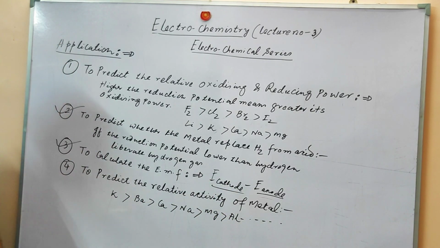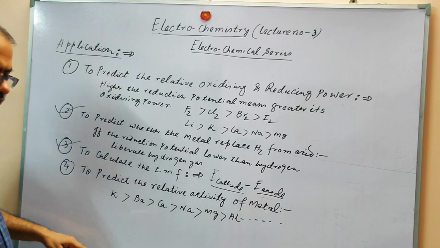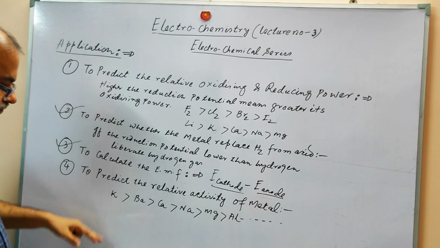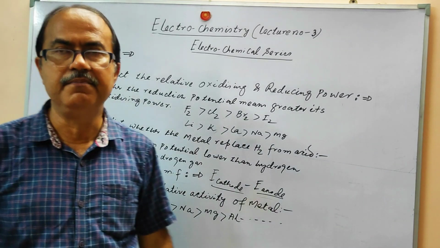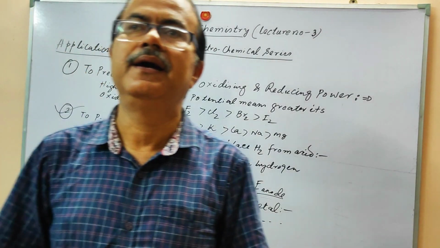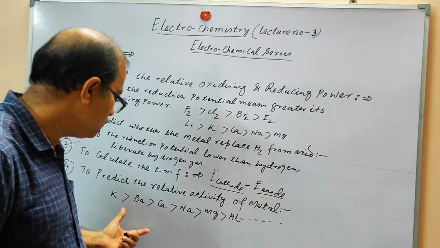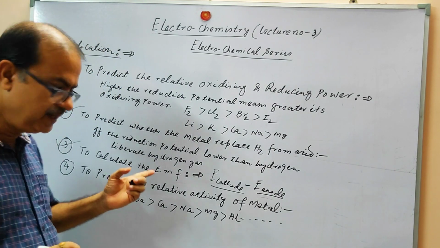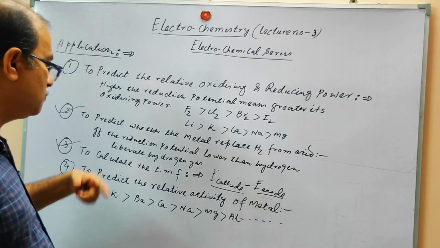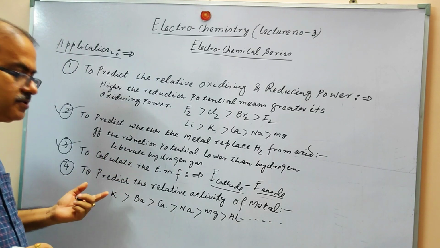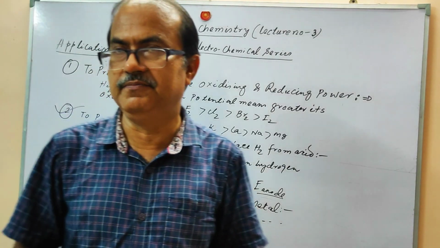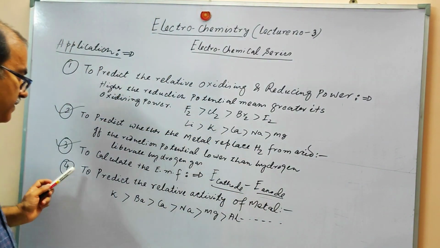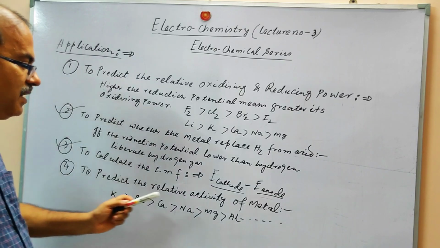And from the electrochemical series, at the bottom of this table, you will find the metals whose activity is higher. So what is going to happen? It will replace the less active metal from its solution, because this metal is much more active. So this is the fourth point, to predict the relative activity of the metal.